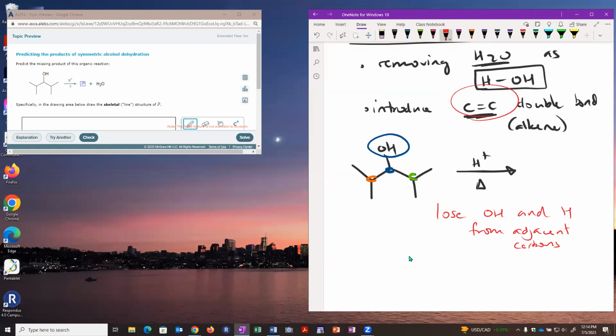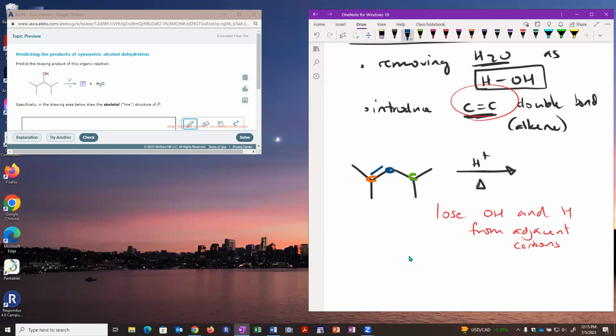So obviously, if I take away this OH from the middle carbon right here, that carbon now needs, in order to satisfy the octet rule, it needs to have an additional bond because it already had an H to begin with that's not shown. So we need to show where that additional bond is. In this case, we can introduce a double bond there on the right, or because it's symmetrical, we could have put the double bond on the left side.